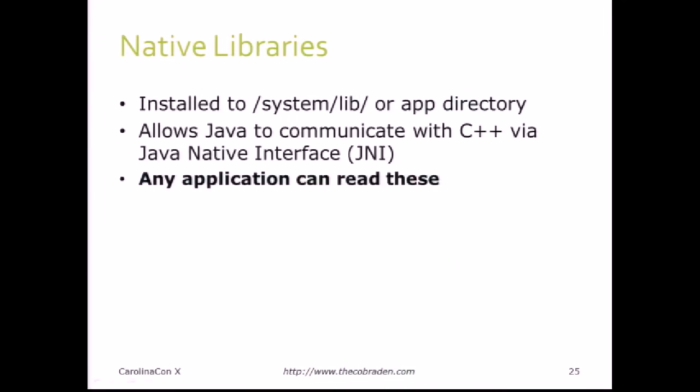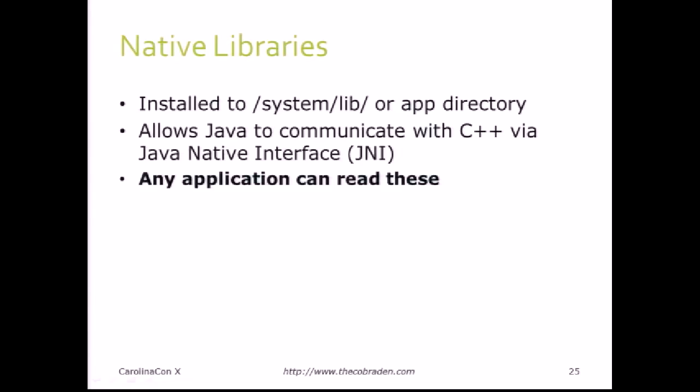And going along right with that, native libraries. I mentioned that this was part of an Android application, but we can also have system libraries on the phone. I think there's about 400 in Jelly Bean, or not Jelly Bean, KitKat at this point. These are just shared libraries, SO files, that basically have C code in them. Some of them have what is referred to as the JNI, the Java Native Interface, which allows Android applications to write code in Java, which talks to the C code to do lower level functionality.